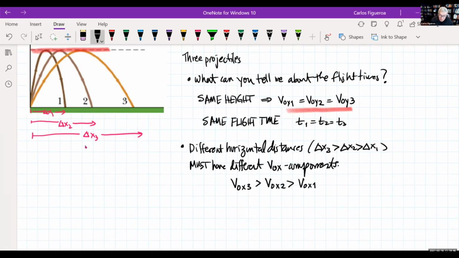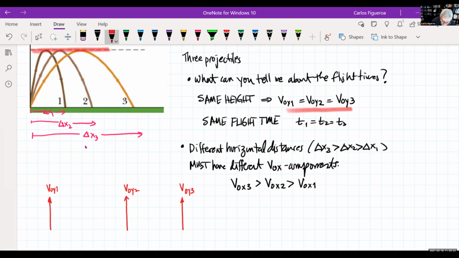So if I start to look at the velocities, what do I see here? If I can now have a picture, let's say 1 looks like this. Let me make this a little bit longer. So this will be V initial y for 1. And if I look at 2, it's got to be exactly the same, and 3, exactly the same.